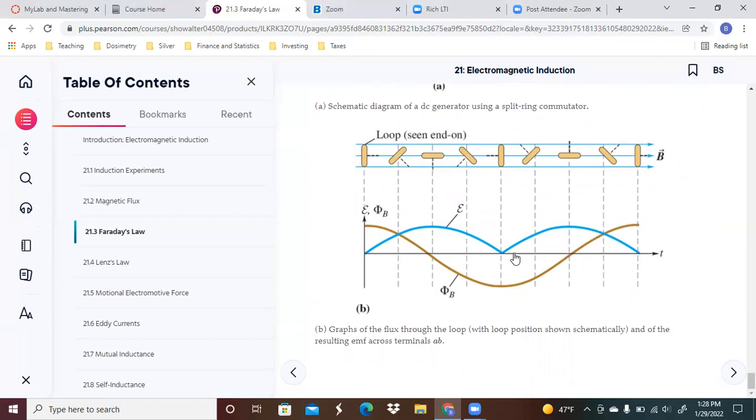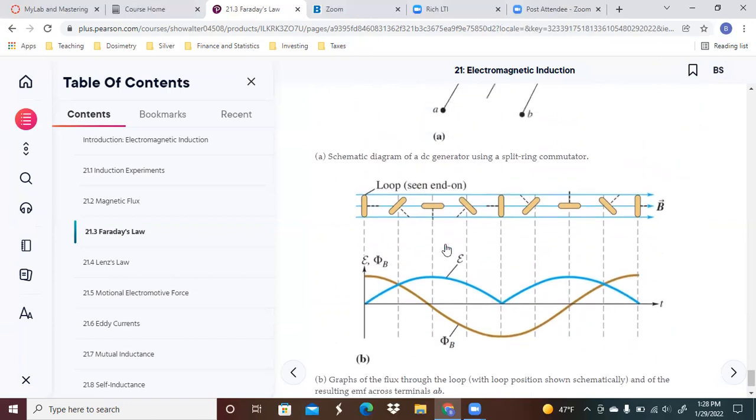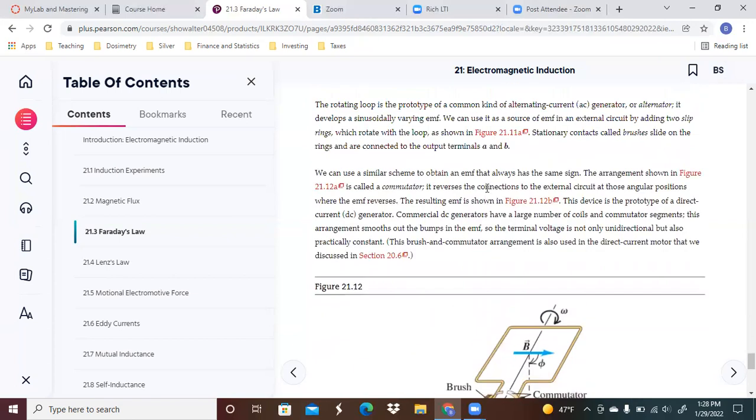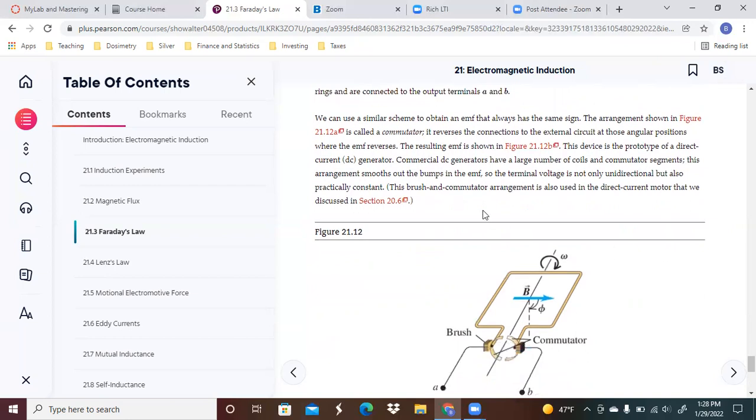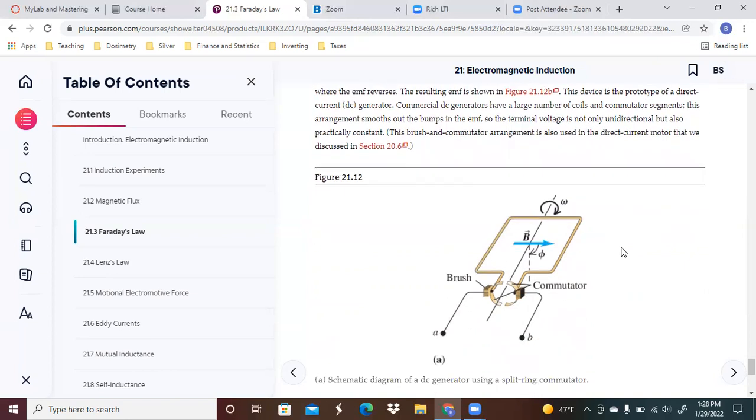So in other words, rather than having it run negative, it's now going to run positive. And so the resulting EMF, this is the prototype of the direct current or DC generator. Commercial DC generators have a large number of coils and commutator segments. And so this arrangement smooths out the bumps in the EMF. So the terminal voltage is not only unidirectional, but also practically constant.